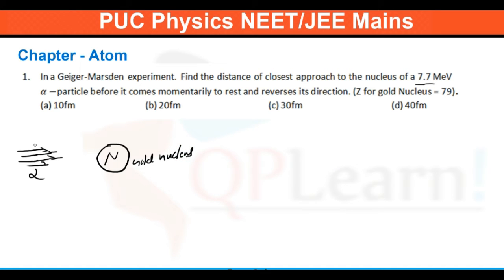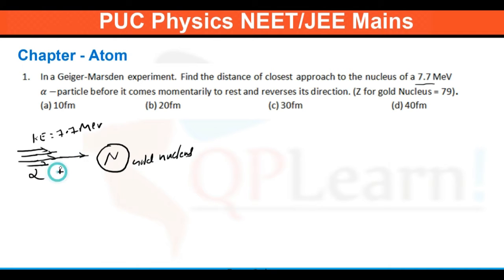The kinetic energy of the particle is 7.7 mega electron volt. These particles are moving towards the nucleus of the gold atom.